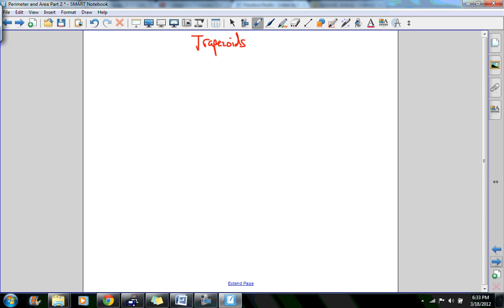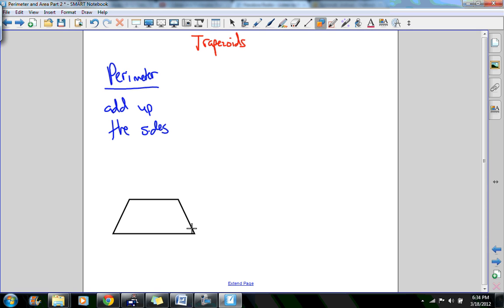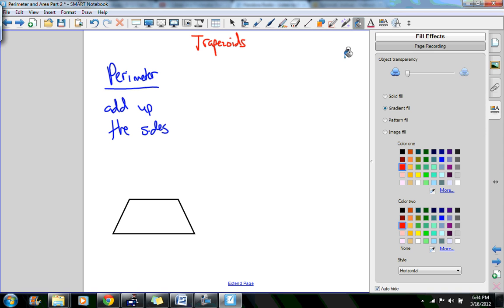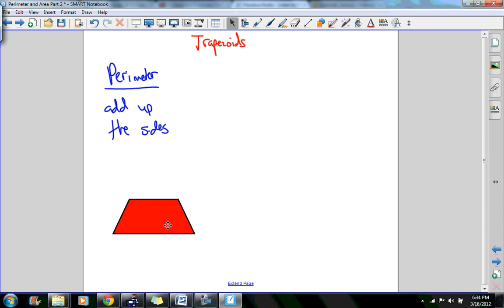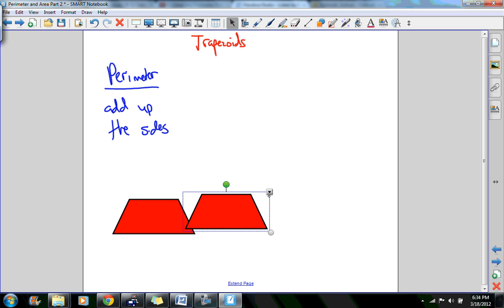Trapezoid, on the other hand, is going to be a little bit more difficult. For perimeter, you're going to add up all the sides, just like you did before. But this time, the formula for area is going to be a little bit trickier. So let's say I'm going to draw a trapezoid like this, and put some color in it. I'm going to copy it, and now flip it upside down so it lines up right here.